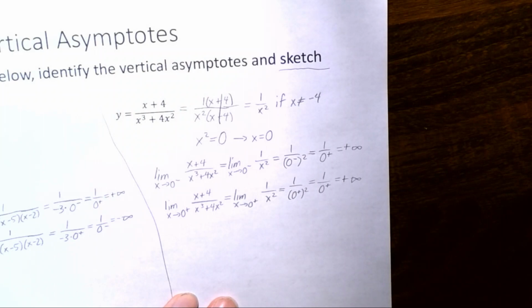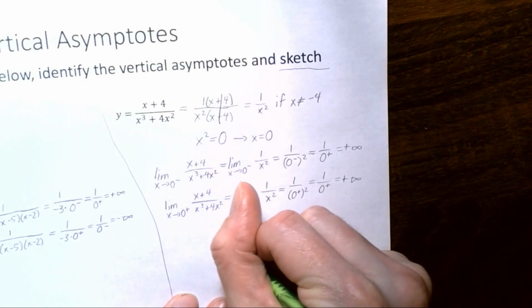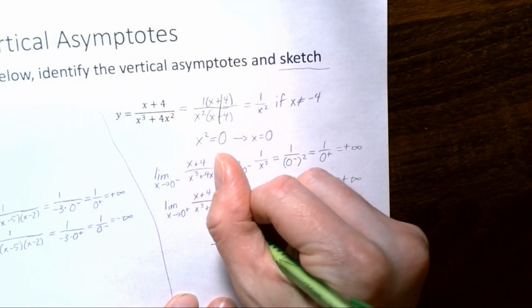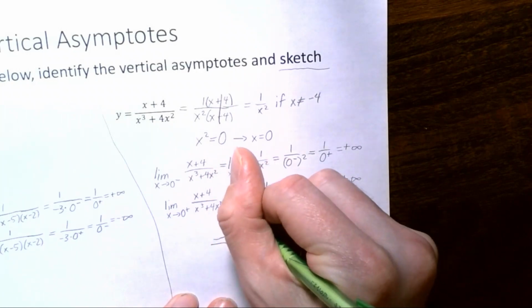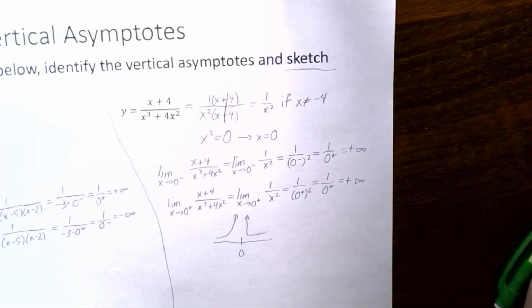So in this case, both sides go to positive infinity. This means that around x equals 0, which by the way I realize is the y-axis, both sides will go up. And this will then give us a two-sided limit. The limit as x approaches 0 of this function is infinity.